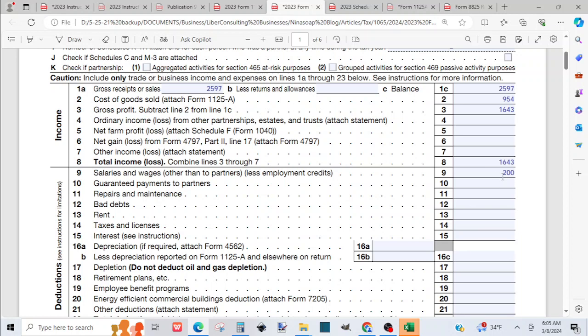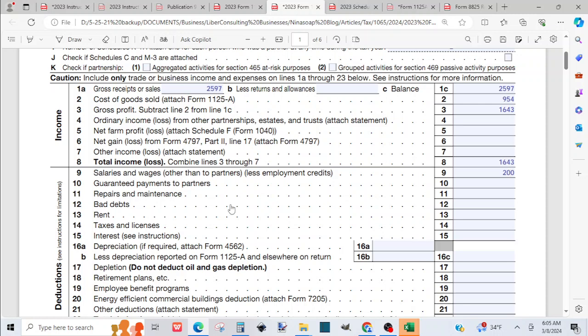And something about it is, technically when you are putting the payroll, if you paid the income tax withheld from the employee's salary, Social Security and Medicare withheld from the employee's salary, you can put that gross wages on line 9 of 1065.